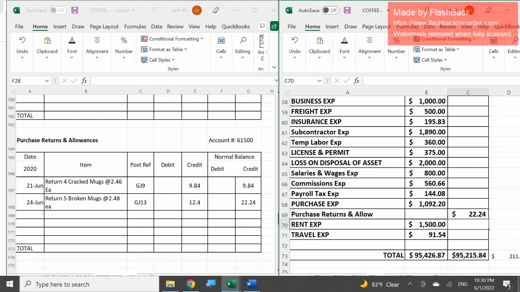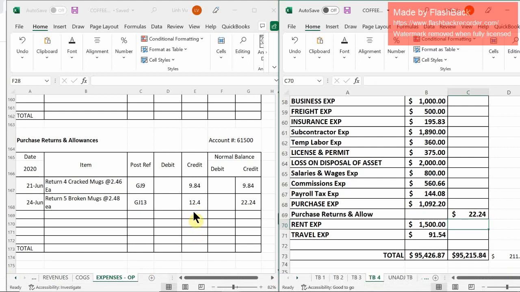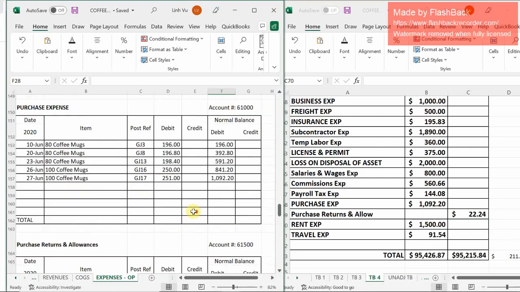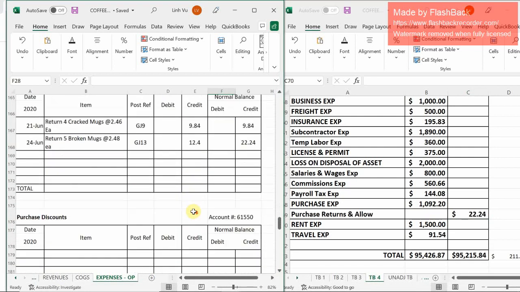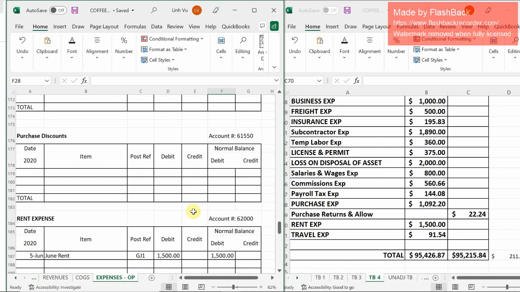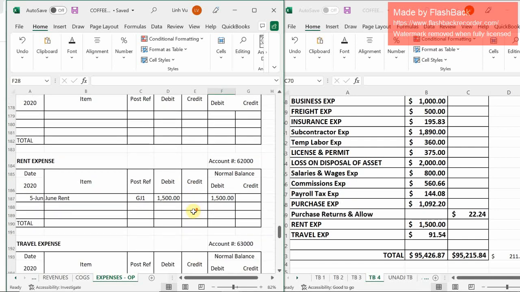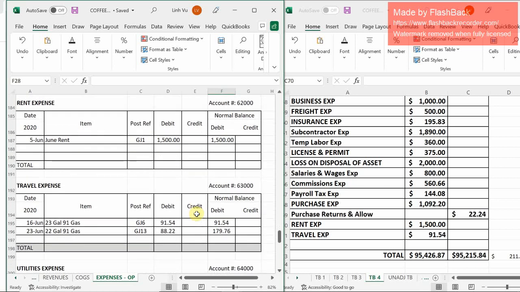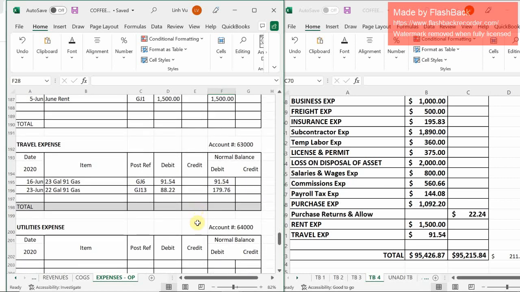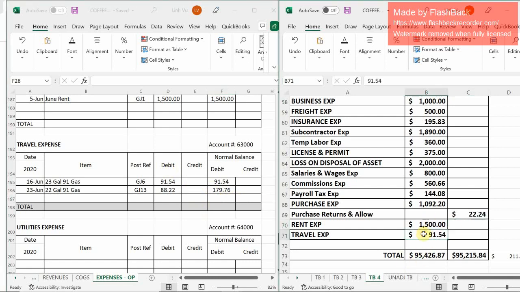Okay. On the credit side. And then we don't have any purchase discounts. Our rent expense is still at $1,500. And travel expenses has increased to $179.76.